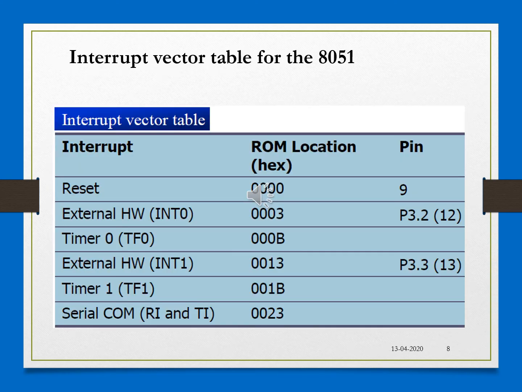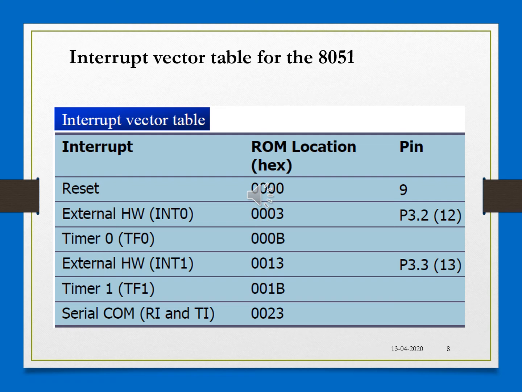The table shows the interrupt vector table. Observe that for each type of interrupt, its interrupt service routine is saved from the location given by the address indicated here. Reset's subroutine starts from location 0000.